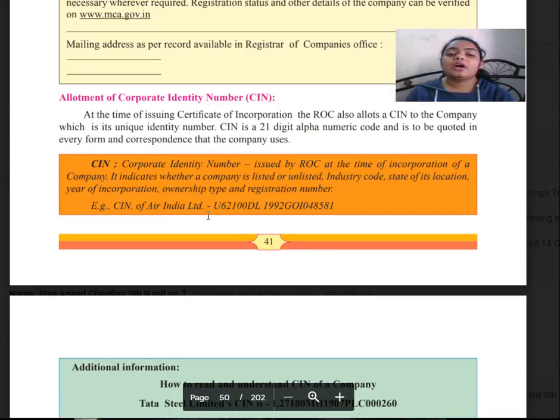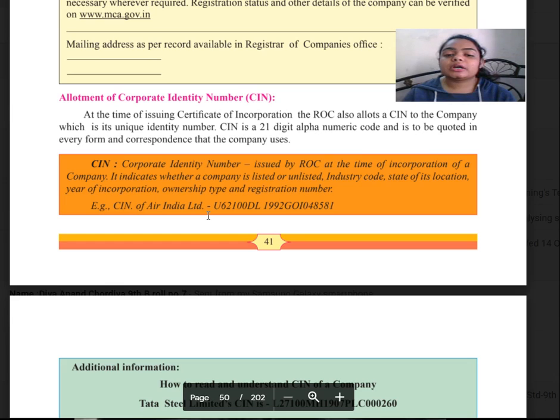Now next we have allotment of Corporate Identity Number, CIN. At the time of issuing the certificate of incorporation, the ROC also allots a CIN to the company, which is the unique identity number. CIN is a 21-digit alphanumeric code and is to be quoted in every form and correspondence that the company uses. CIN, Corporate Identity Number, is issued by the ROC at the time of incorporation of a company.